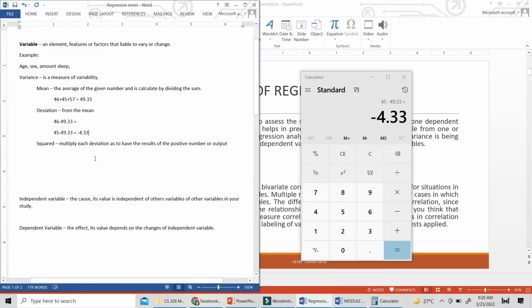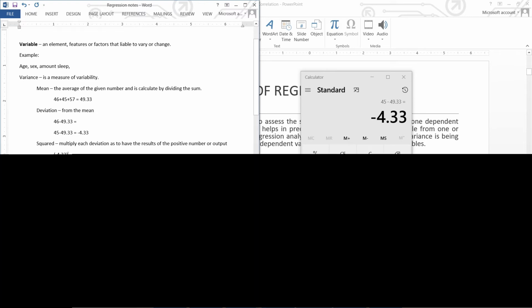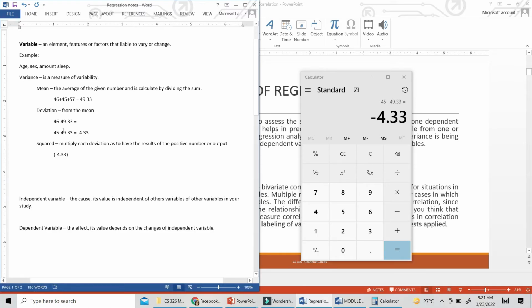That's why we need to square. So if we square negative 4.33, it will be to the power of 2. Basta, squared na nato siya, times 4.33. So the total of that will be the squared.